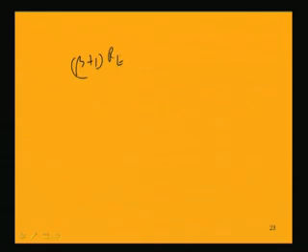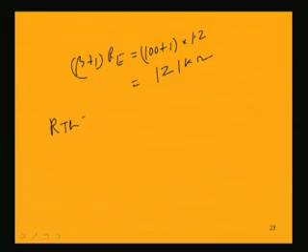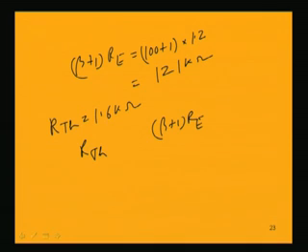In the first case, beta is 100, plus 1, into RE which is 1.2 K. That means 101 into 1.2 is about 121 kilo ohm, and the value of R Thevenin is 1.6 kilo ohm. So, if we compare, one value is 1.6 K, the other is 121 K. So, it is very much less than this. So, our design specification has already been met.